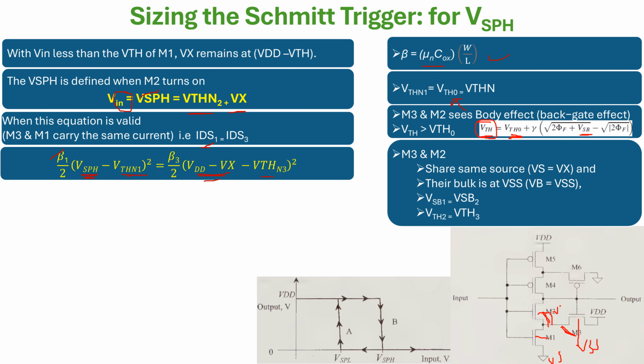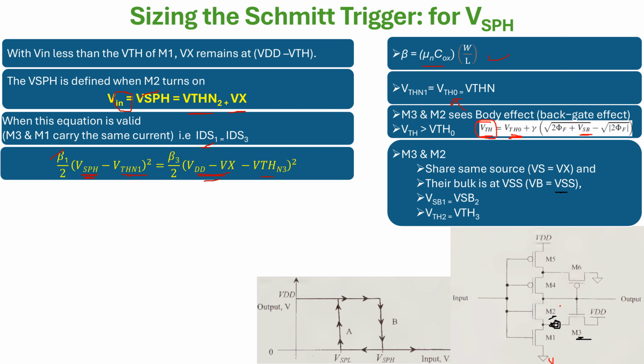So now let's consider M3 and M2. They share the same source, which is Vx. Their bulk, of course, all the N devices' bulk will be at VSS. So the bulk is at VSS for both devices, the bulk is at the same voltage, the source is at the same voltage.